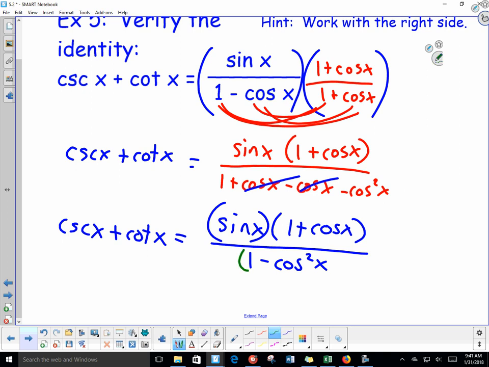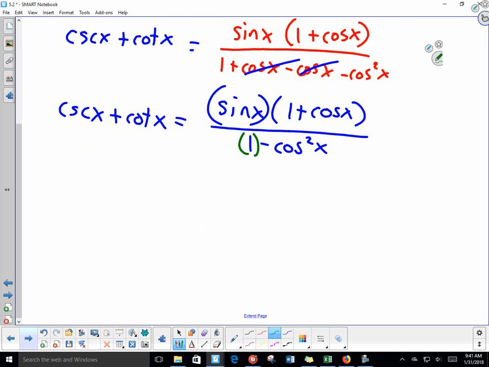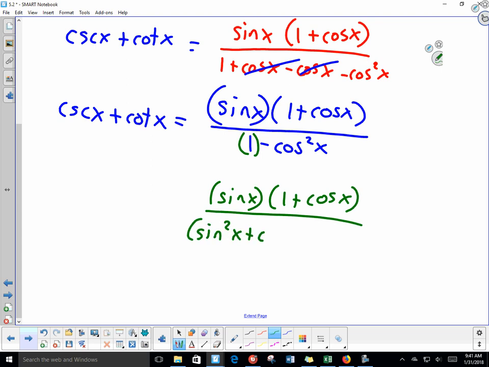Well, we can replace this 1 here with sine squared plus cosine squared. So I'll have sine x times 1 plus cosine x over sine squared x plus cosine squared x minus cosine squared x. Again, trying to show that this is equal to cosecant x plus cotangent x.